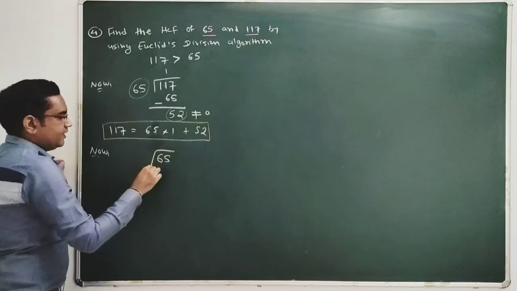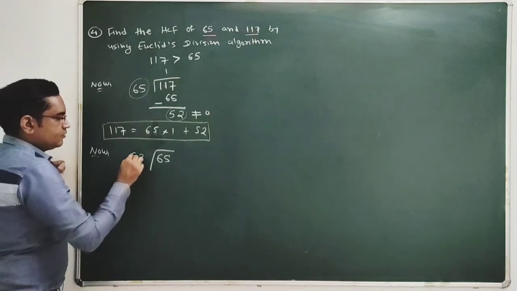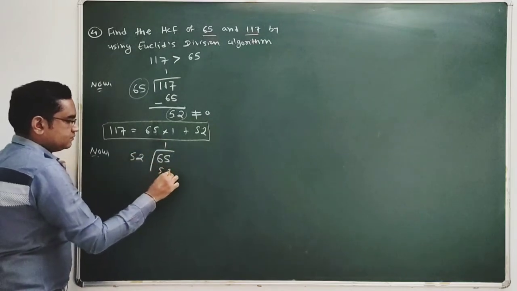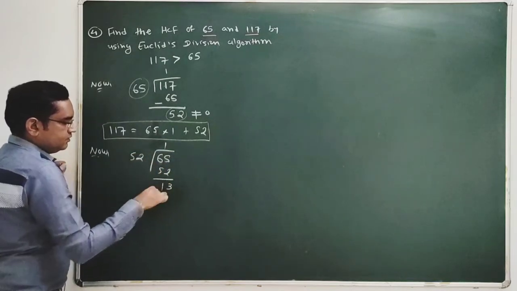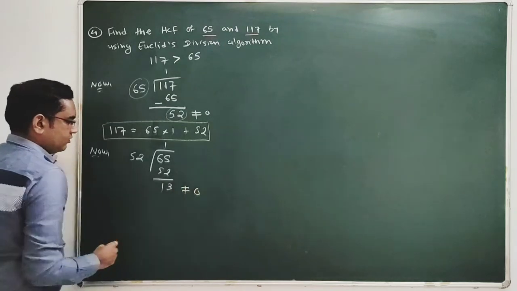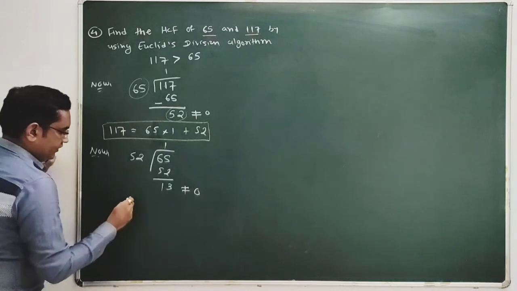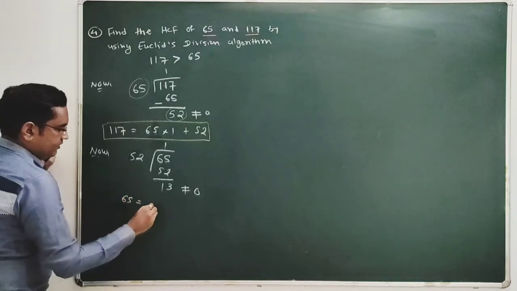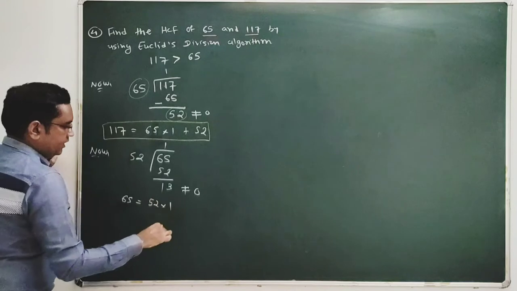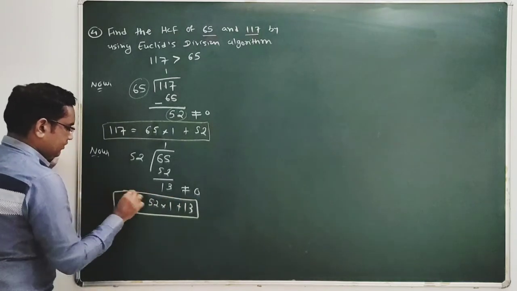So 65 divided by 52. 52 ones are 52. Subtraction, so you will get 13. Again this 13 is the remainder, which is not 0. So we can say 65 is equal to 52 multiplied by 1 plus 13.